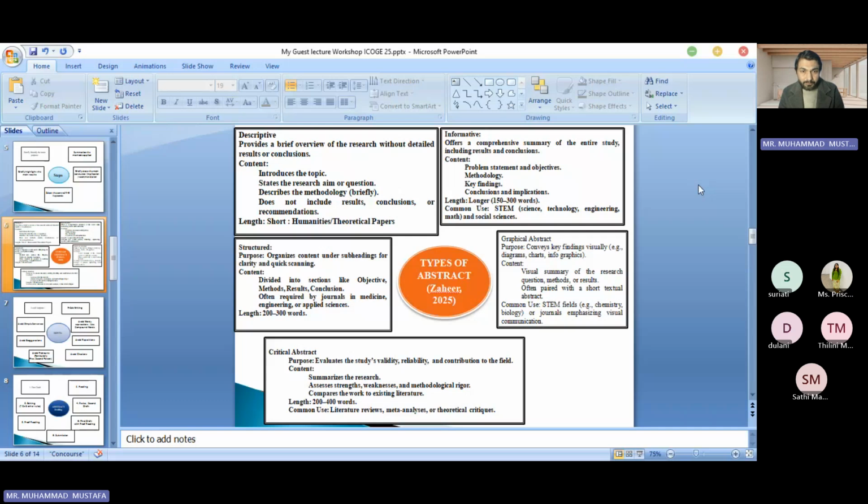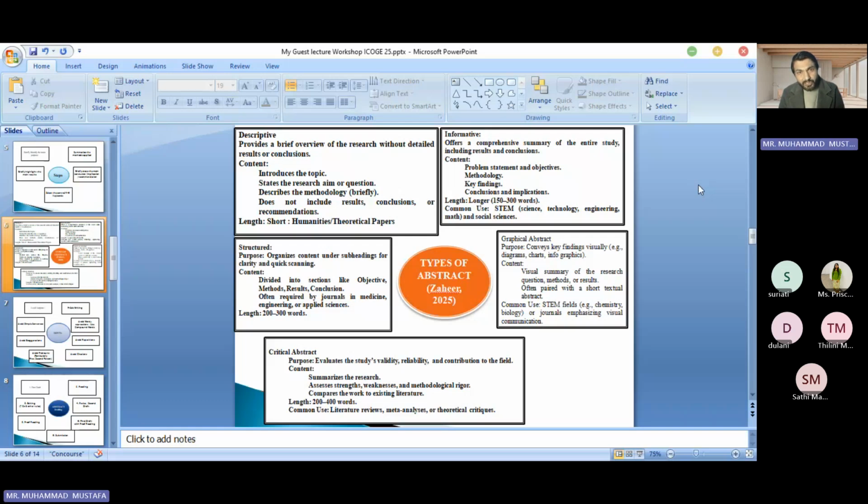And the last one is the critical abstract. It is used to evaluate the study's validity, reliability, and contribution to the field, and it summarizes the research. It assesses the strengths, weaknesses, and methodological rigor, and it compares the work to existing literature.